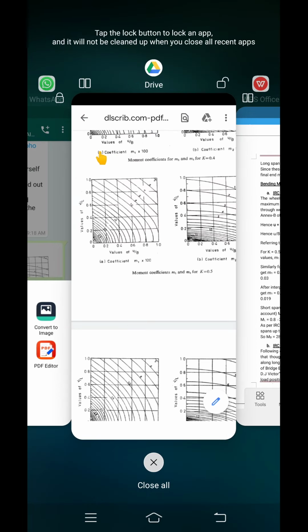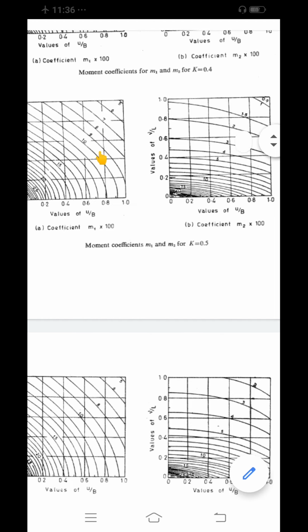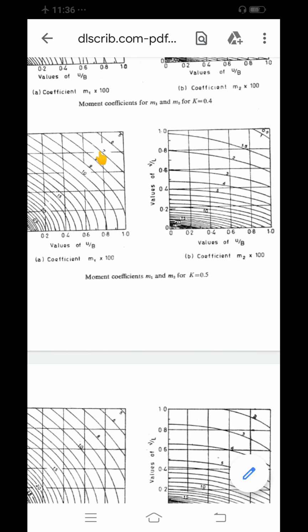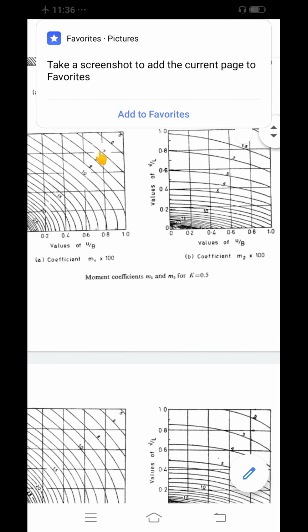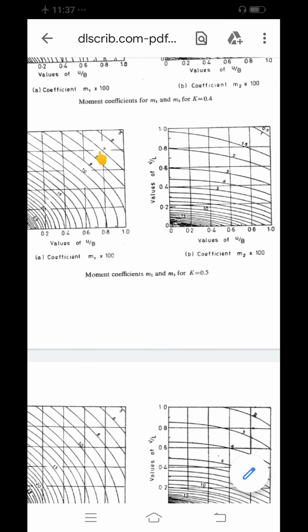Similarly, 0.4 and 0.8, it is between 1.5 and 2.